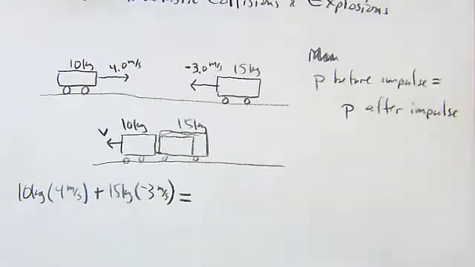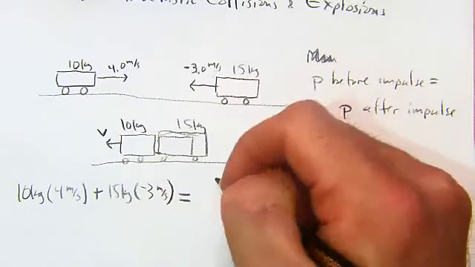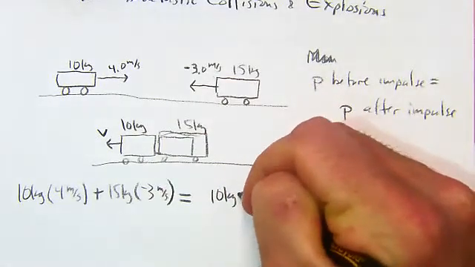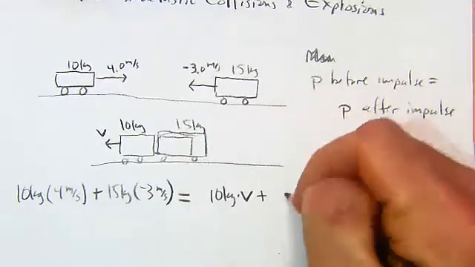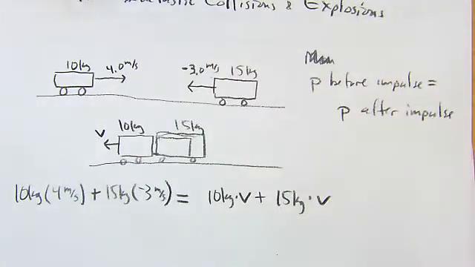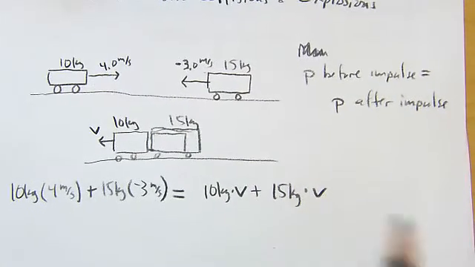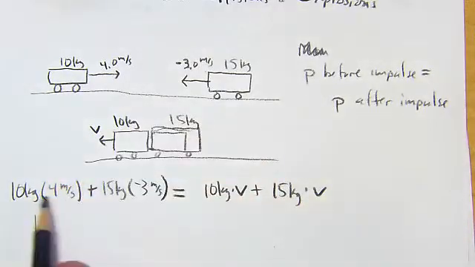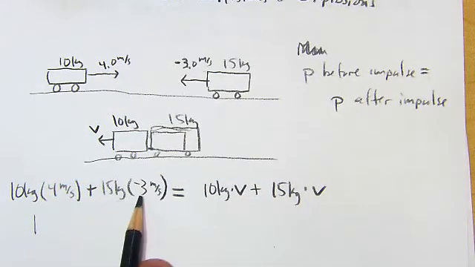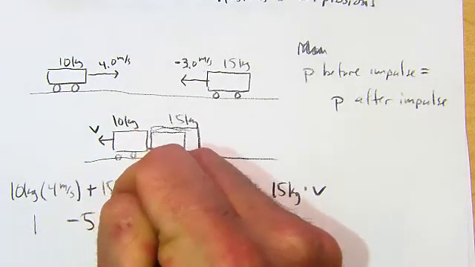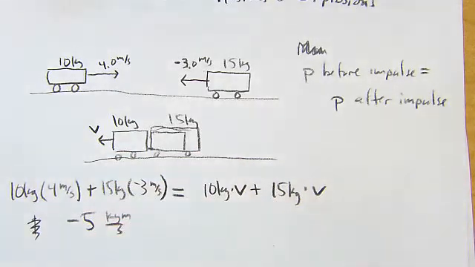Then afterwards, we've got the 10 kilogram going with velocity V, and we've also got the 15 kilogram going with velocity V. Because they're coupled together, these two variables are the same. And it's just a matter of some algebra. This is 40 kilogram meters per second plus negative 45. So if I figure this all out, I'm looking at negative 5 kilogram meters per second.